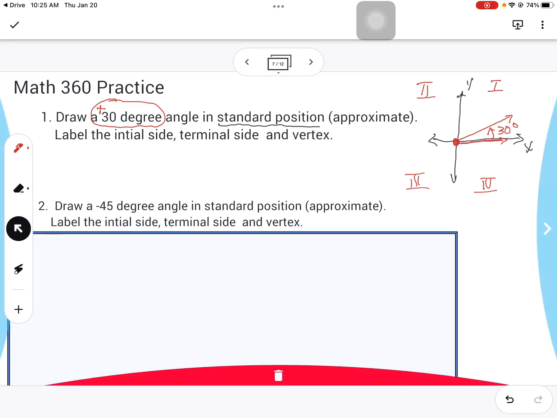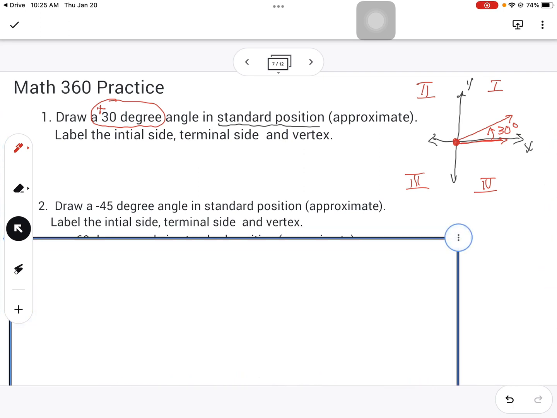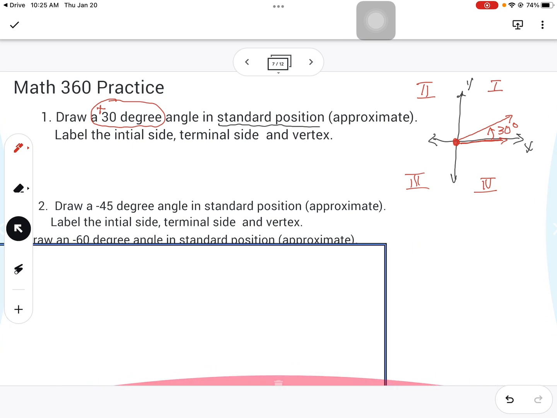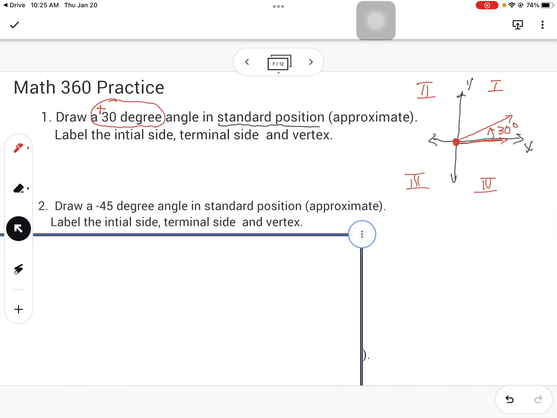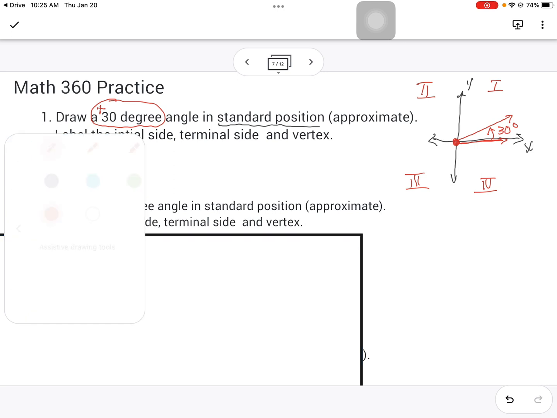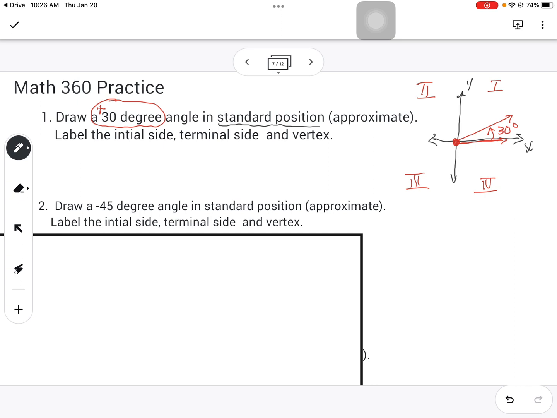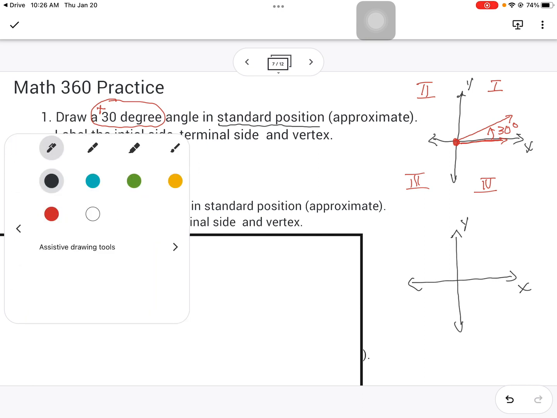All right, moving on. Kind of move this out of the way. All right, example number 2 wants me to draw a negative 45-degree angle in standard position. So I'm going to repeat the process. I'm going to draw my coordinate plane. Here's my XY. I'm going to put my angle in standard position.